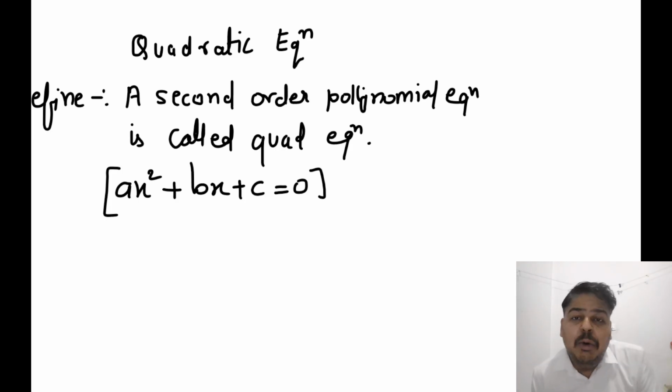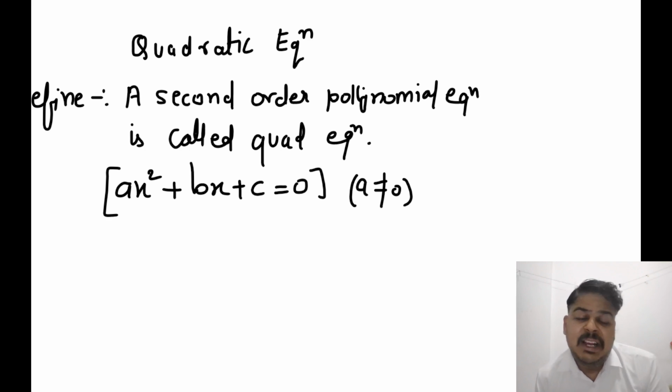Here the 0 describes the roots of the equation. There is always a condition that a is not equal to 0. If a is equal to 0, then the equation becomes a linear equation. So it is a necessary condition for ax square plus bx plus c equal to 0.